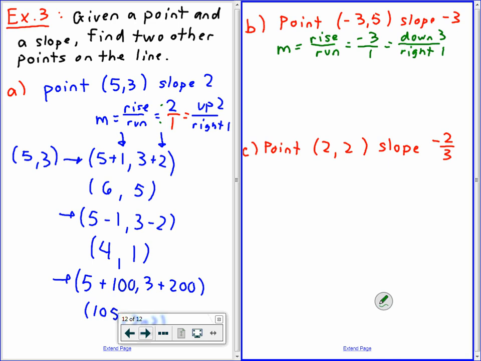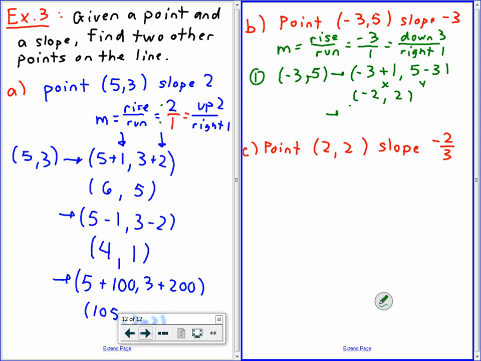So the first point, -3, 5, goes to -3 plus 1, because that's your x, and 5 minus 3, because again it goes x and y. So the first point could be -2, comma 2.